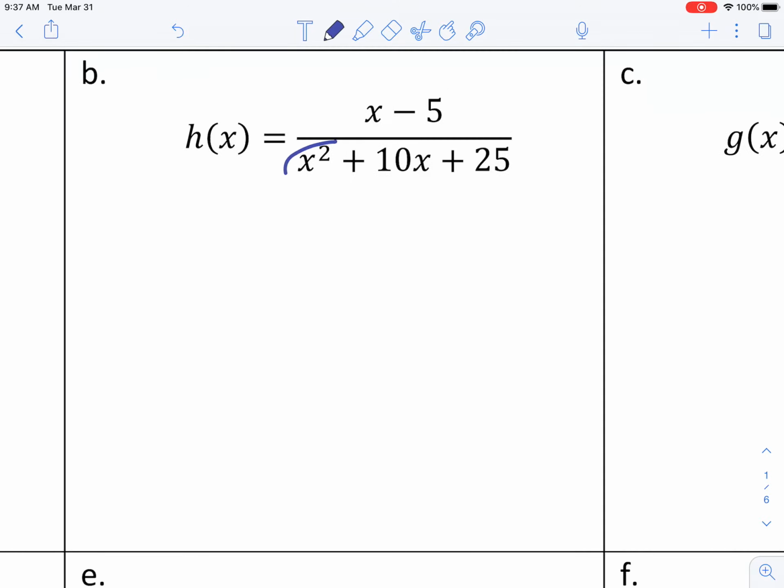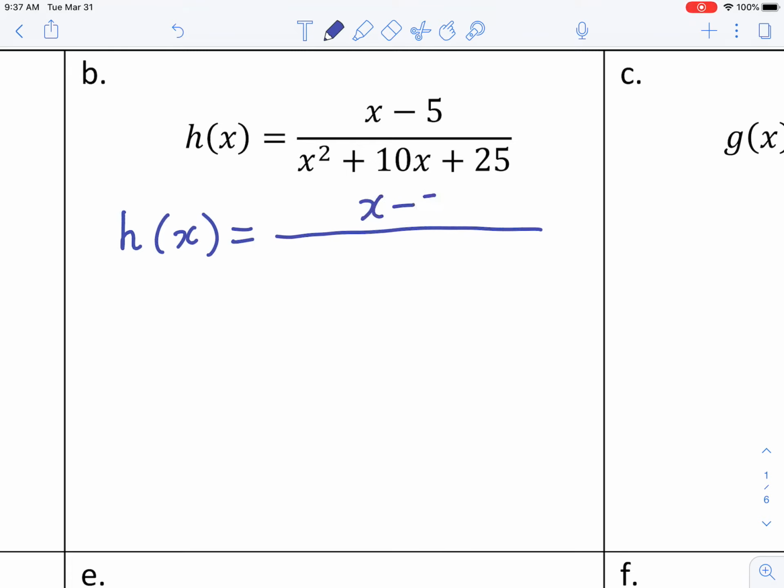Okay? Let's look at another one. Notice I was about to grab this denominator, but it's not exactly factored just yet. It will be nice because I will show you where the holes may happen. So try to rewrite this h of x by simplifying first, by factoring.